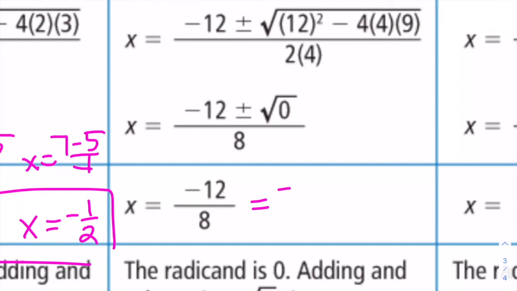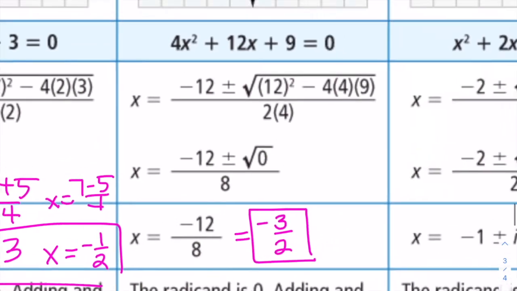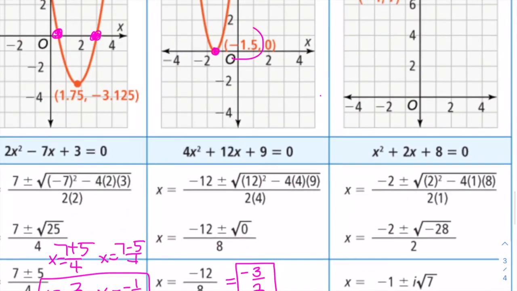So that's really negative 3 over 2, or negative 1.5. And you can see that right here, that x is negative 1.5. So when it has one double root, it'll just touch the graph once.